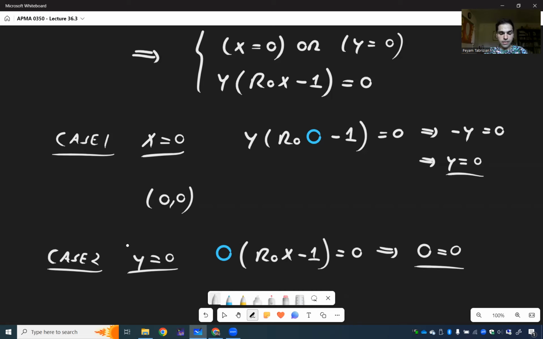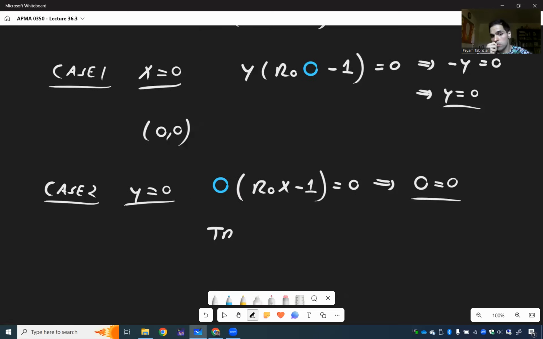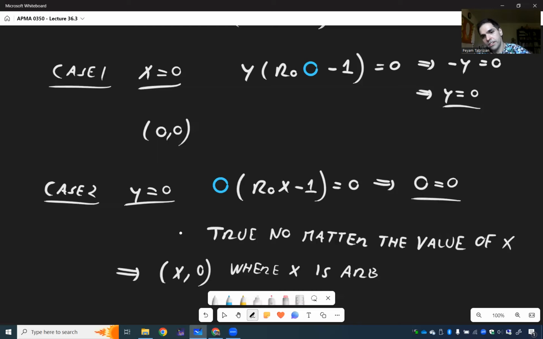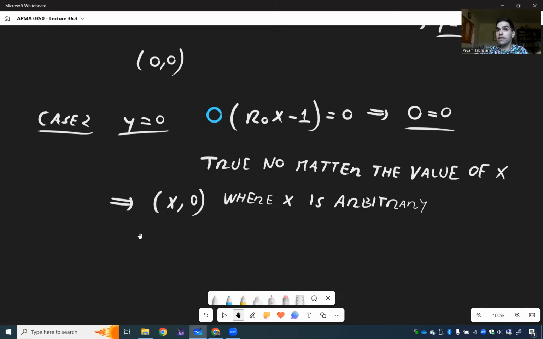And notice this is true no matter the value of X. So in fact, in this case, the equilibrium points are of the form X comma 0, where X is arbitrary. So it's interesting. Turns out we have a whole line of equilibrium points, namely the x-axis.